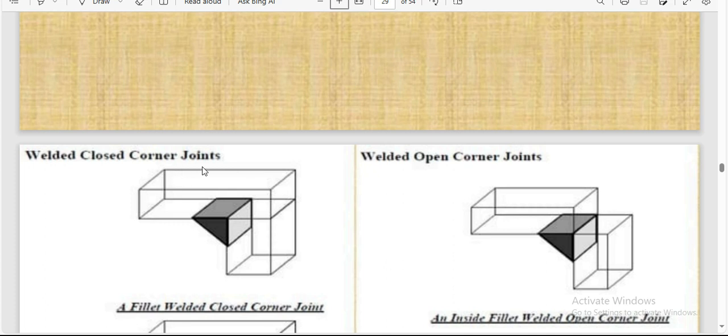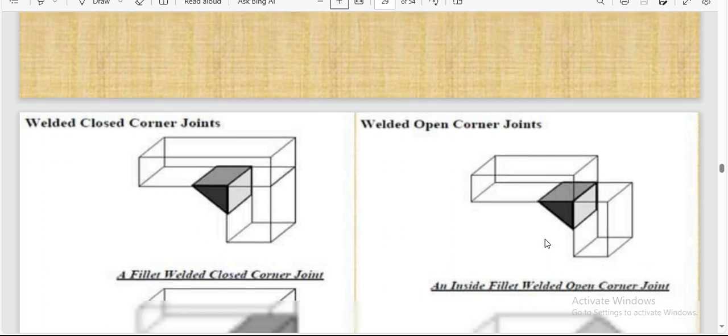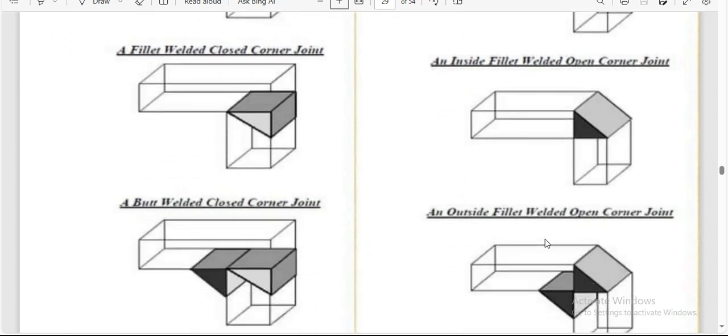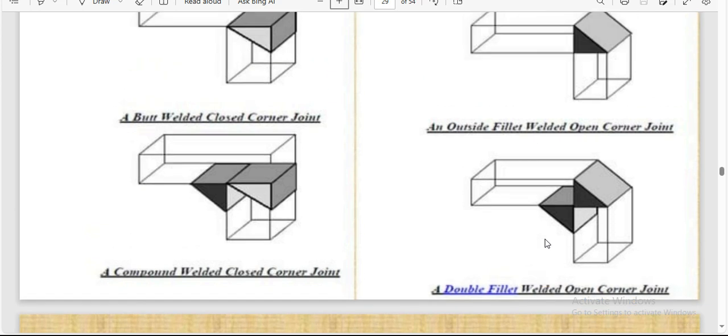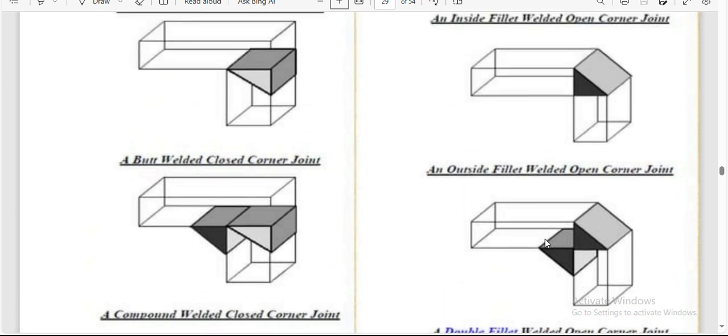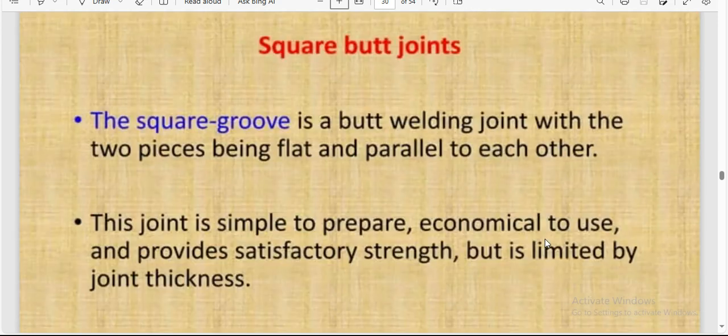Welded closed corner joint, welded open corner joint. When it is closed, when it's open, the shape differs. From those 3D diagrams, you can easily identify the main difference between open and closed corner joints.